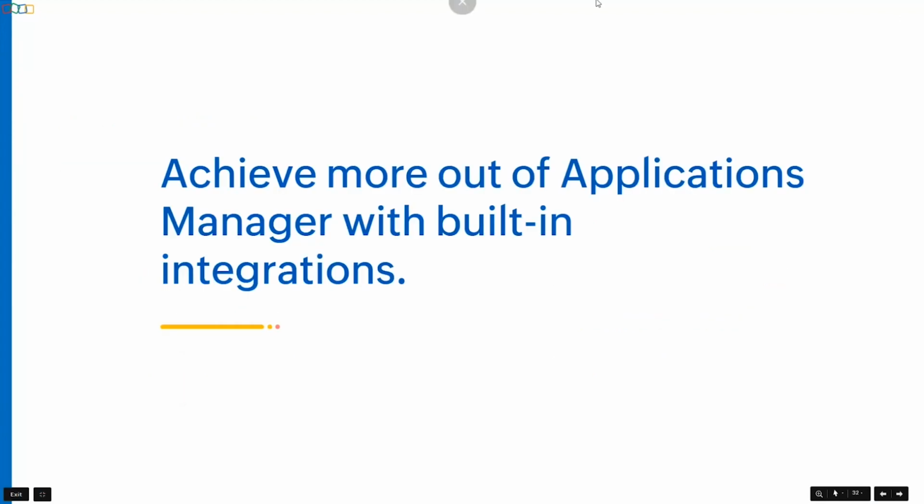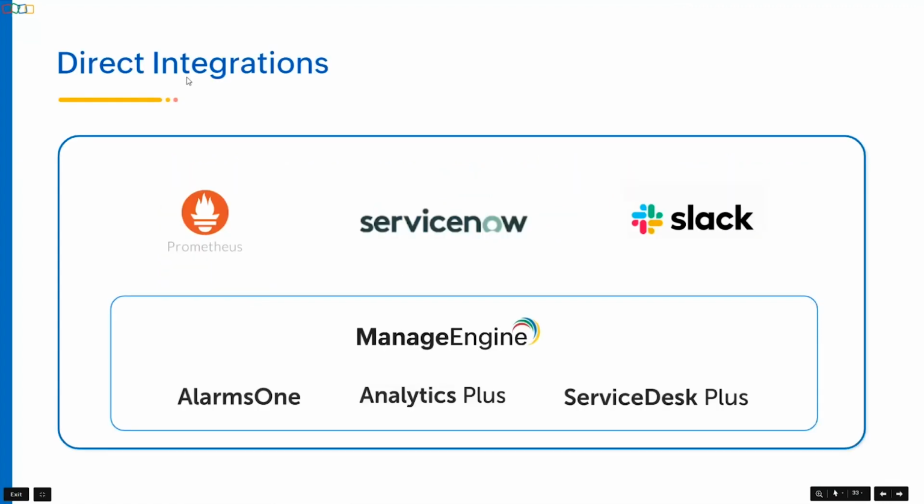So moving on to the last part of today's series: how to achieve more out of Applications Manager with built-in integrations. We have direct integrations such as with Prometheus, ServiceNow, and Slack, and also with ManageEngine's products such as Alarms One, Analytics Plus, and Service Desk Plus.